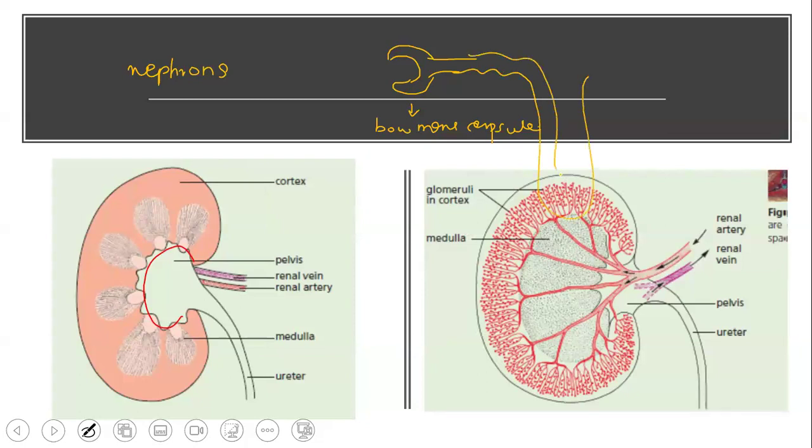This loop-like structure that we see is known as the loop of Henle. Then the loop of Henle continues on. The nephron wraps around, continues moving, and eventually ends up forming a collecting duct.